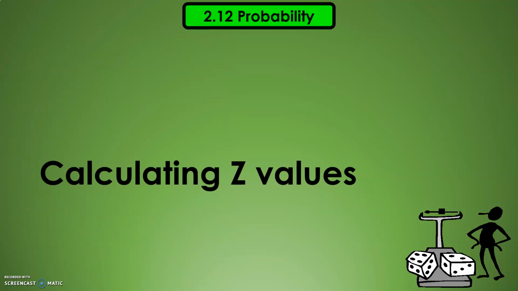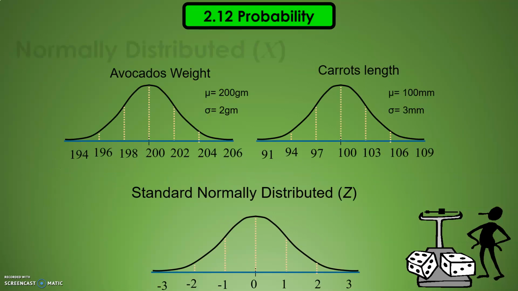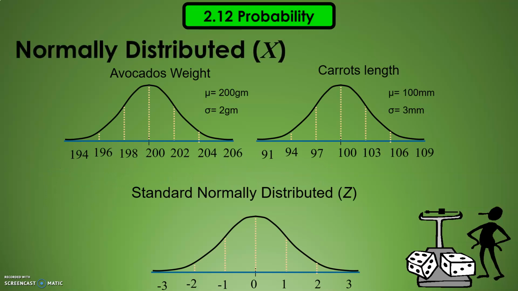So the first thing we need to think about is taking real values and calculating Z values from them. The reason why we have to do this is because of all these different normal distributions. All of these values, these avocado and carrot lengths, are normally distributed, but we can't have a chart for every single one of them.